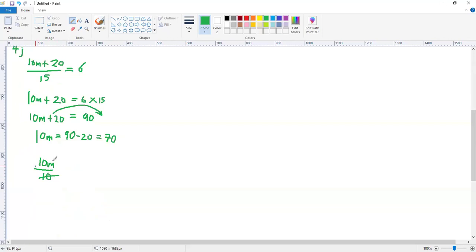Because this guy will take itself out, and 10 would do justice to the 70 to make it 7. You want to say that the zeros cancel each other, that's still okay. And all we know is that m is equal to 7. Okay.